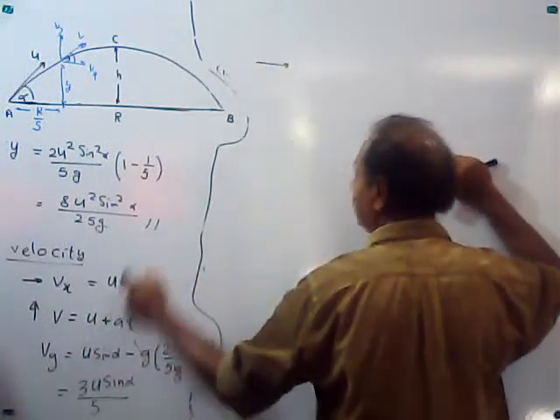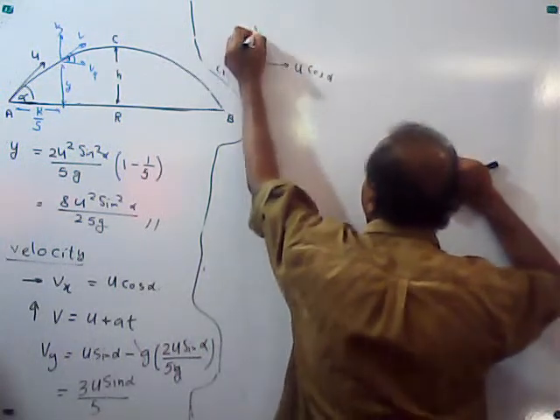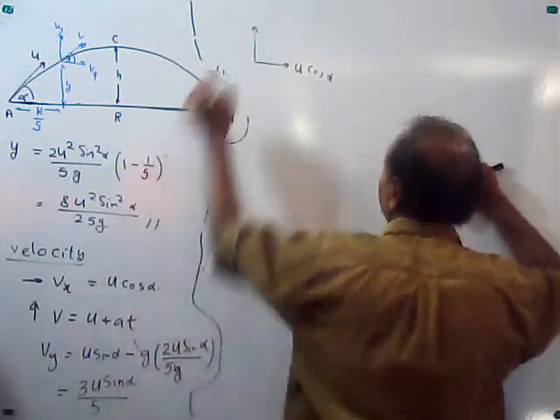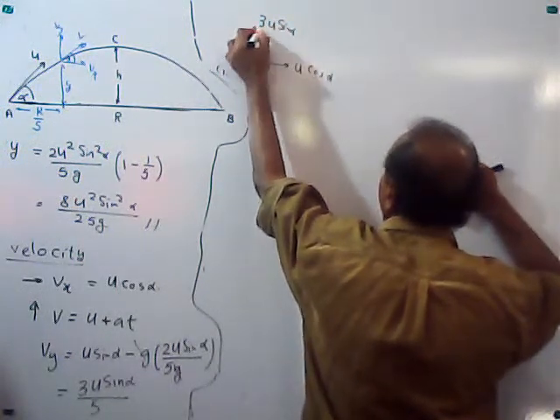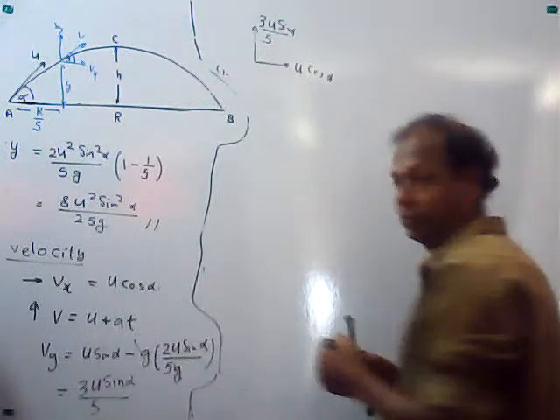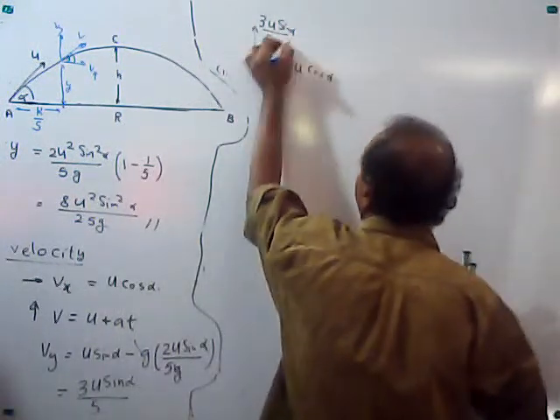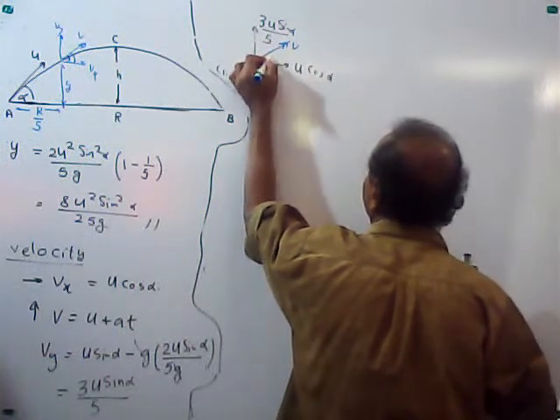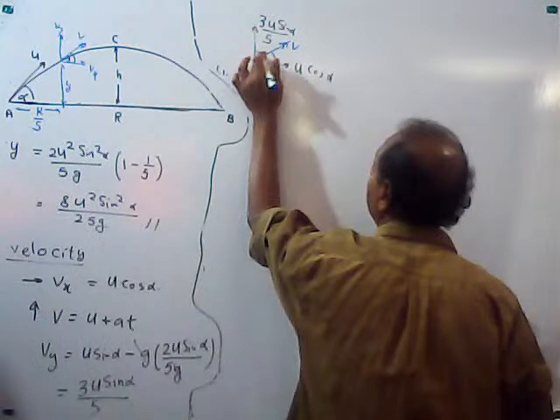In this direction, u cos alpha. Upwards, 3u sine alpha over 5. Let's mark the resultant v with inclination not alpha, but theta.